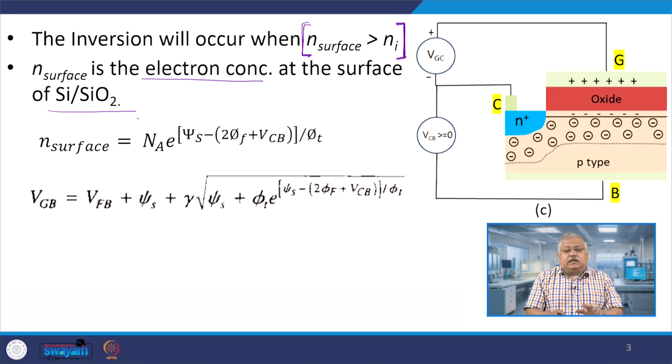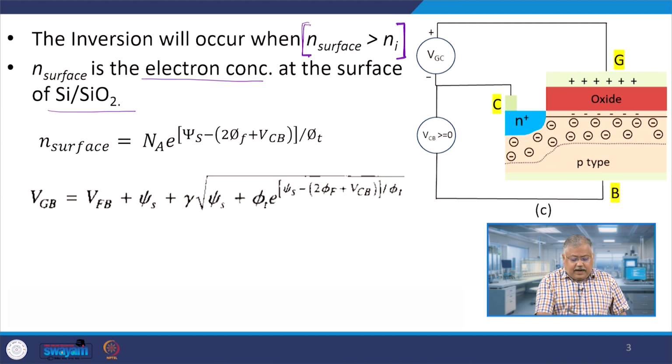All these discussions are with the fact that typically there are no traps or impurities available in the silicon dioxide. The surface is perfectly clean at this stage, and we just say that the electrons which are getting accumulated near the silicon dioxide interface are primarily because of the electric field in the transverse direction, which allows the electrons to flow there.